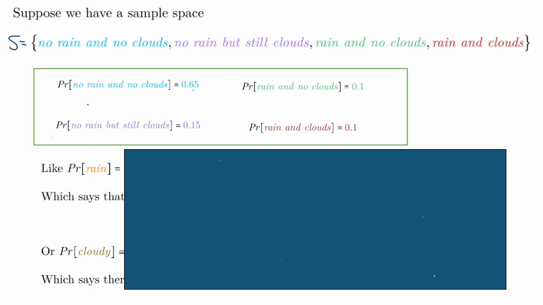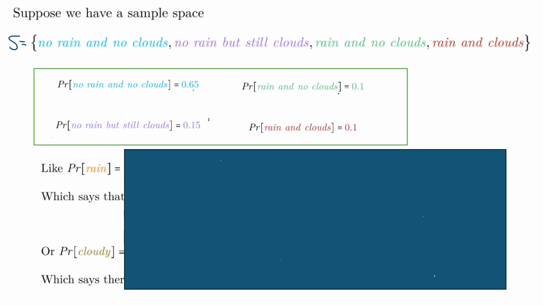Up until now, we didn't calculate any probability. I'm giving you the probabilities because we're analyzing these properties. We don't know how to calculate the probability yet, but somebody did the calculation, and the probability of no rain and no clouds is 65%. The probability of no rain but still clouds, 15%.